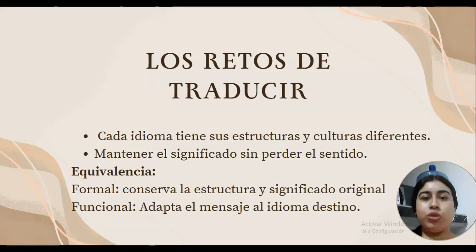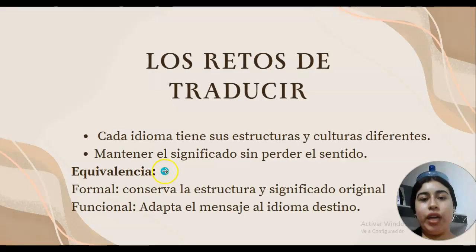And Will proposed two types of equivalence: formal equivalence, which maintains the original structure, and functional equivalence, which adapts the message to be better understood. In other words, Color expanded on these ideas and proposed that translation should be more practical and adapted to the translator's reality.